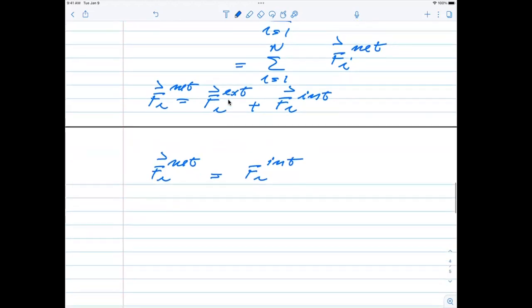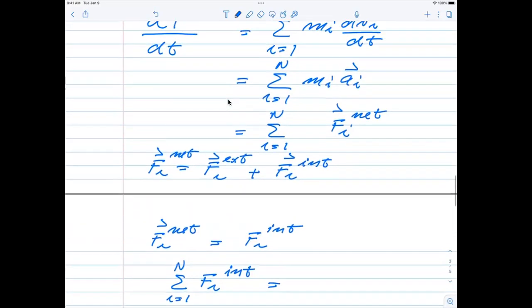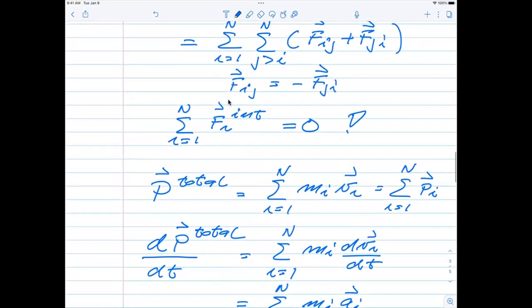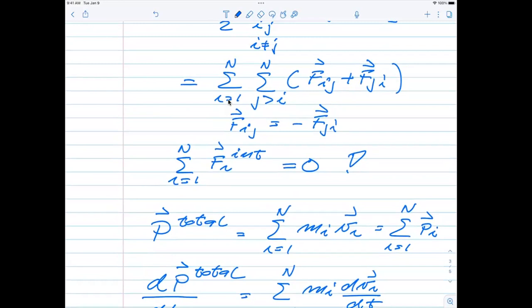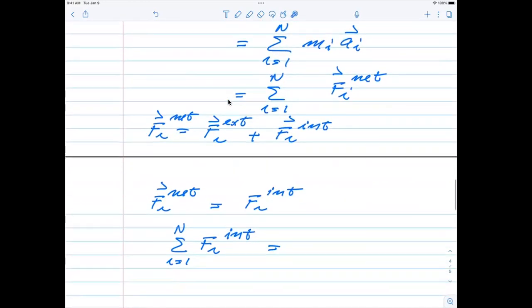Now, if you look at this, if I assume this, what we have is a sum over i equal 1 of all the internal forces. And if we assume that the internal forces are of the type which we put up here, so that we can use Newton's third law, then we know that these internal forces sum to 0.